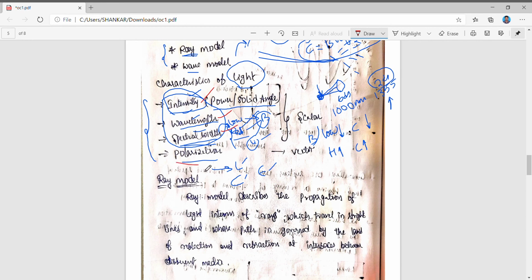But the polarization has a direction. It may be in the east direction or west direction or whatever. We can transmit the signal in either linear, circular or elliptical polarization. Since there is no direction for intensity, wavelength and spectral width, they are described as scalar parameters, scalar quantities. The polarization has a direction, so it is represented as a vector quantity.